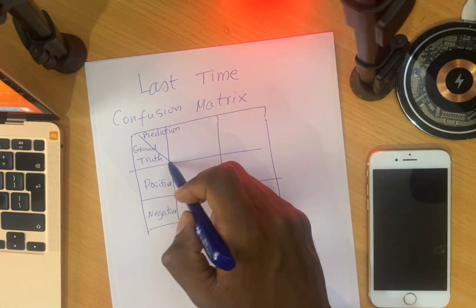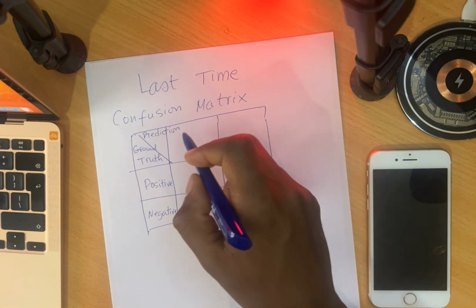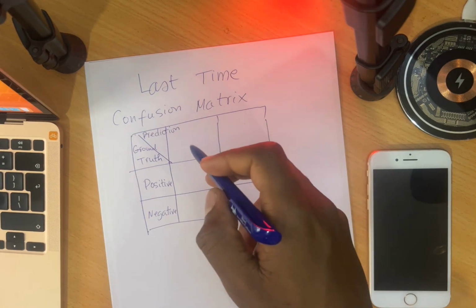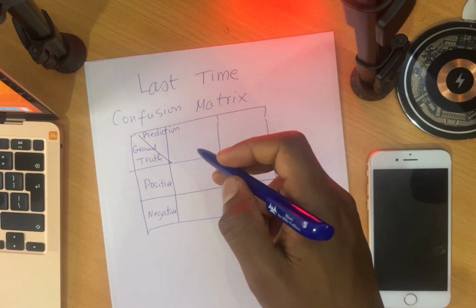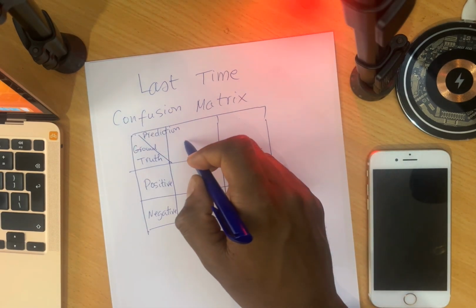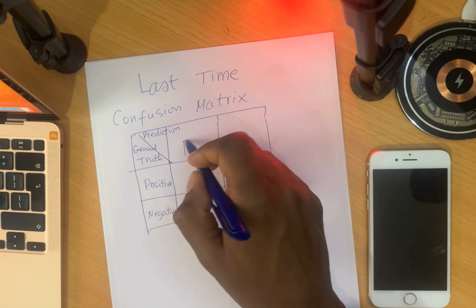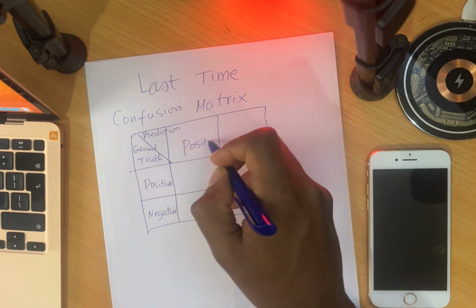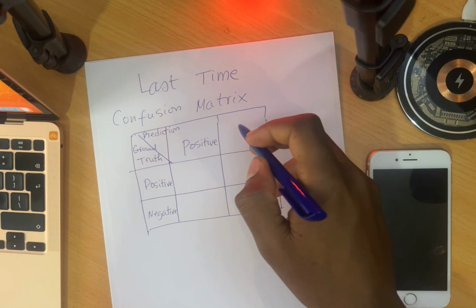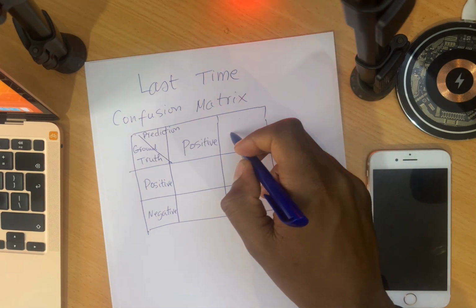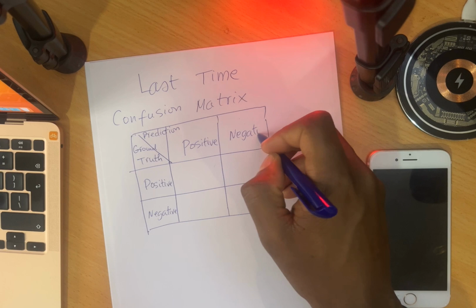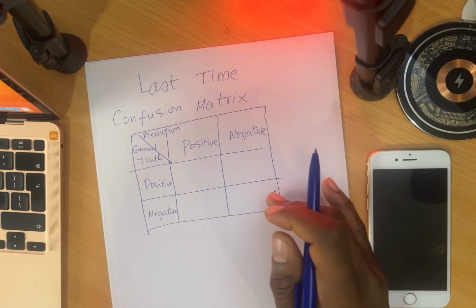There is also the other side, prediction, which is what a model sees, what a model can detect and predict. That's positive, what a model sees. Negative is what a model fails to see or detect.